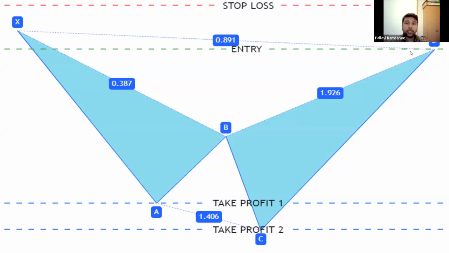Or what you could do, and I do this most of the time, is move it to break even, and if price looks like it's going strongly in that direction, I would then push my stop loss further into profit. So I lock in a certain amount of money, okay? Then I don't have to worry about the trade.